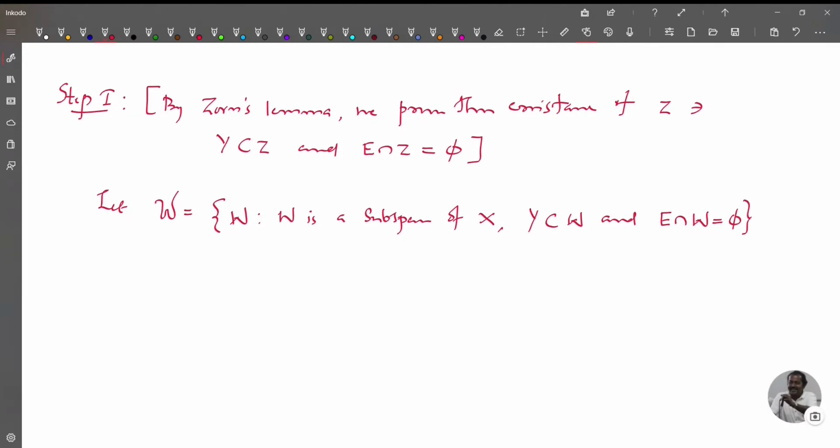By the hypothesis of the theorem, Y is a subspace of X, Y is contained in Y, and E intersection Y is equal to empty. Therefore, Y belongs to the family W.